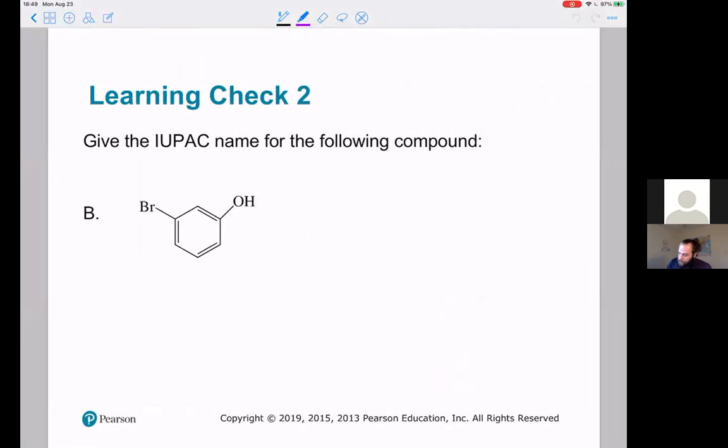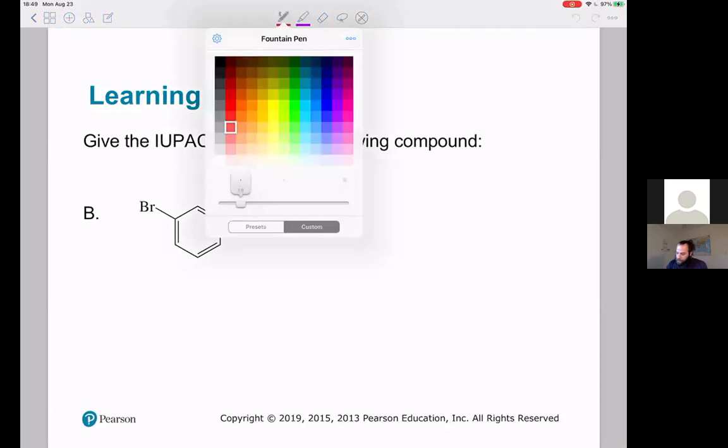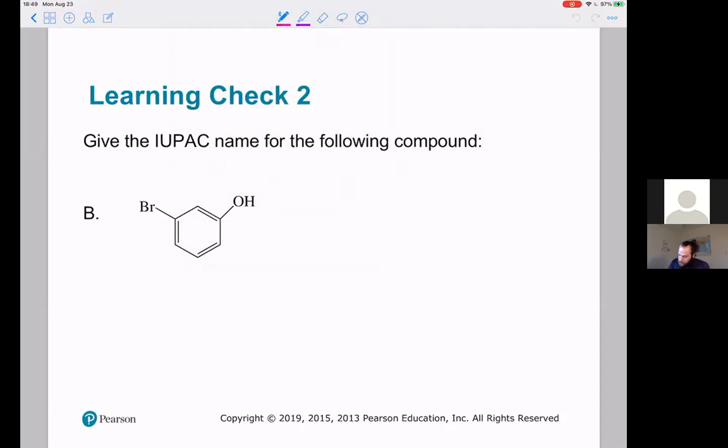Okay, so now let's figure out how to name this. First of all, what's our parent chain? Phenol, right? So right off the bat, I know this is something phenol. Now you can do this just like we were talking about with the parent chain. We know that the OH group has to be at position 1. 1, 2, 3, 4, 5, 6.